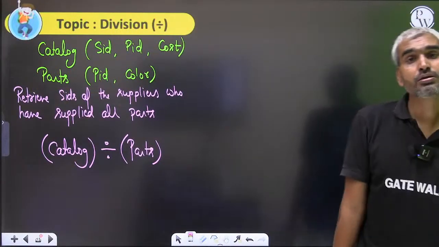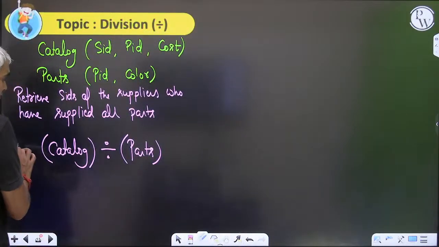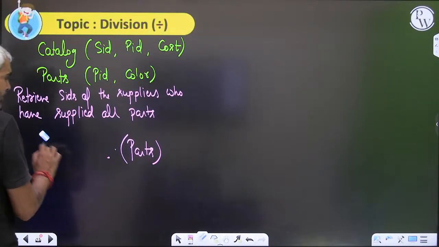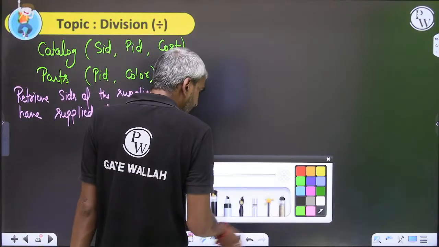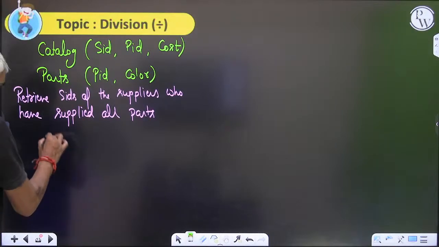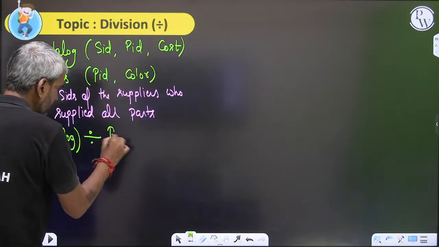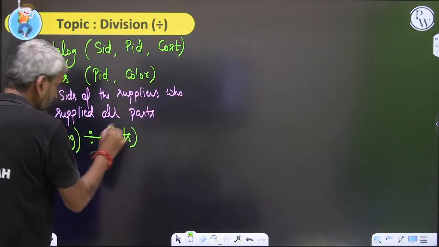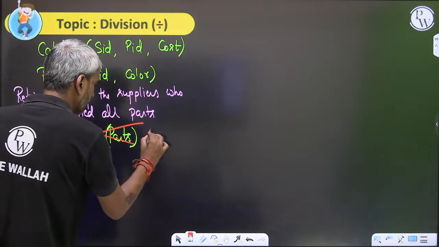First of all, you will have to identify what specific informations are needed from the catalog table and what specific informations are needed from the parts table. So let me write it again, catalog divide by parts, this will be wrong.